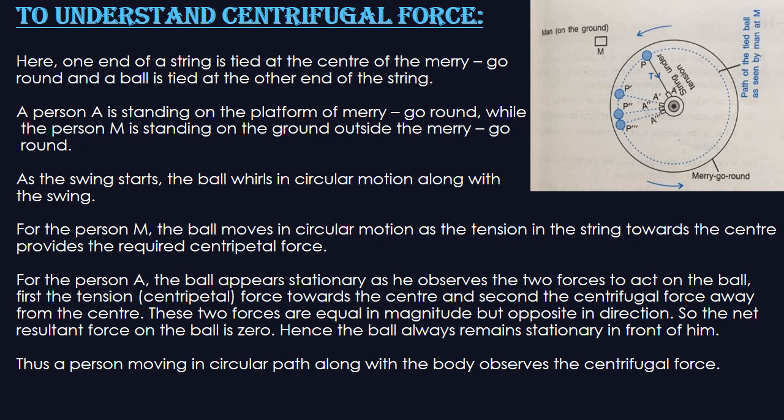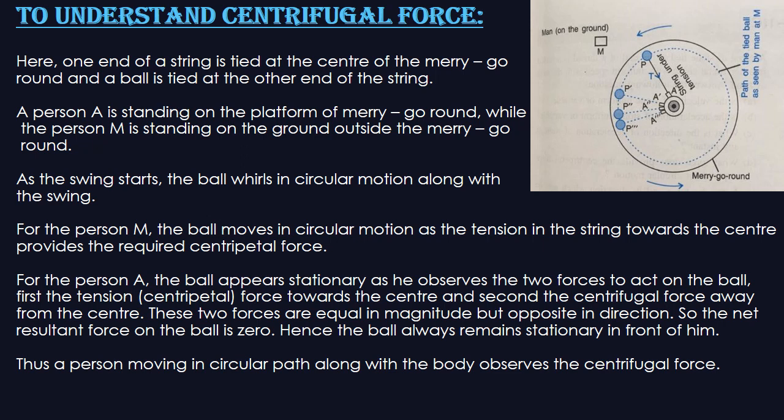As the swing starts, the ball whirls in a circular motion along with the swing, and this happens due to the centripetal force which is provided by the tension in the string towards the center. For the person M, the ball moves in a circular motion as the tension in the string towards the center provides the centripetal force.